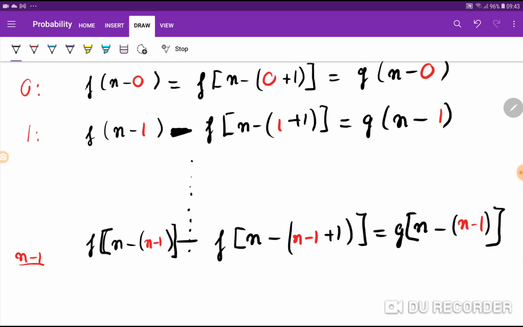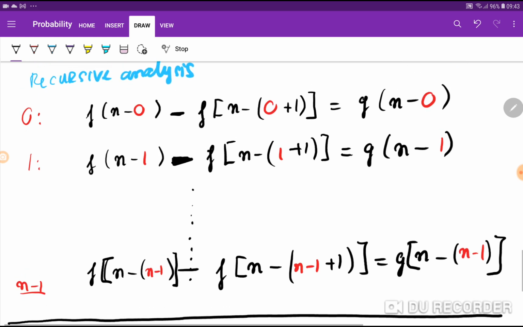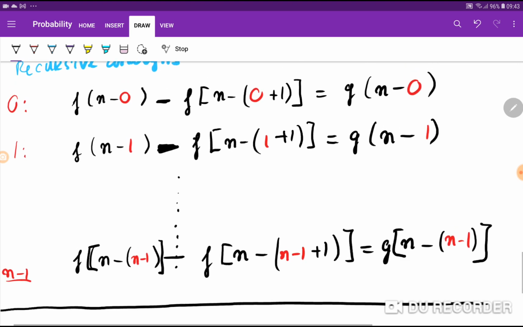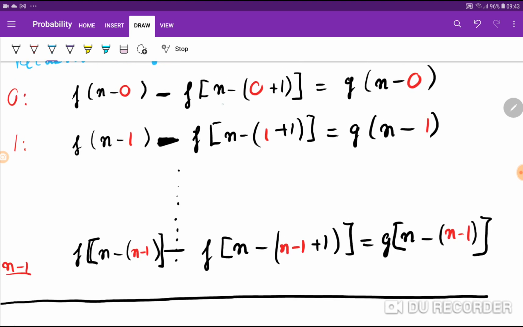All right, so what does it mean? It means that you can see things start to cancel out, right? If you add all of them together right here, what will you notice? It cancels diagonally, so this term and this term cancel, right?